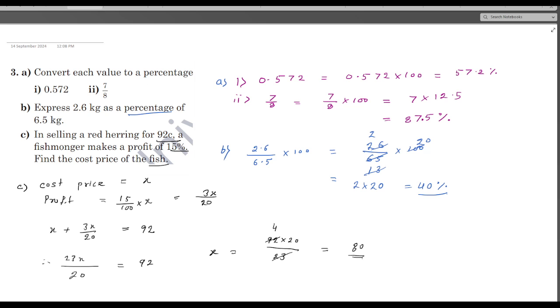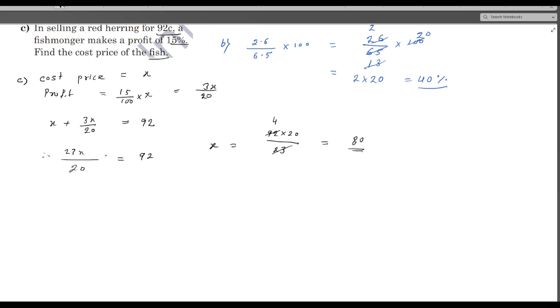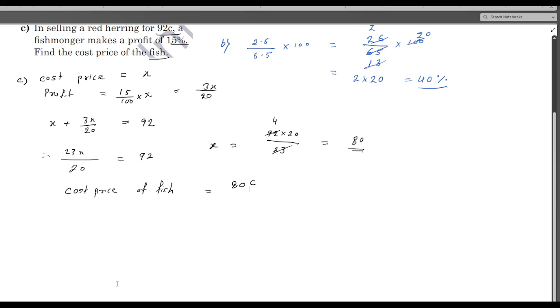So the cost price of the fish is 80 cents. So this is your question number 3. Now let us move to question number 4.